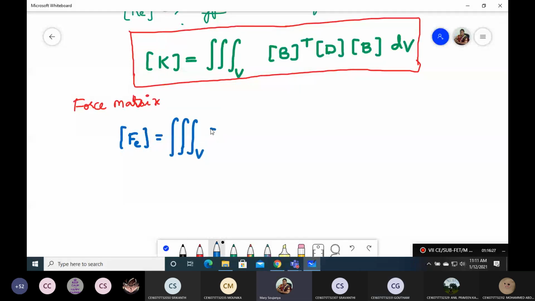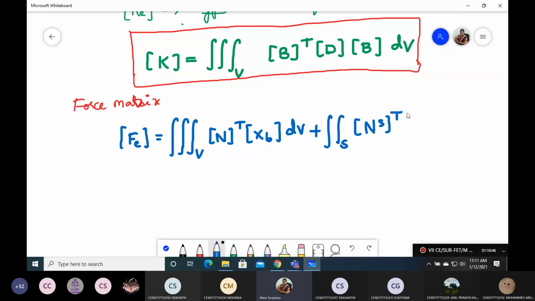Integration over V of N transpose body force dV plus integration over the surface of NS transpose surface traction matrix into dS.